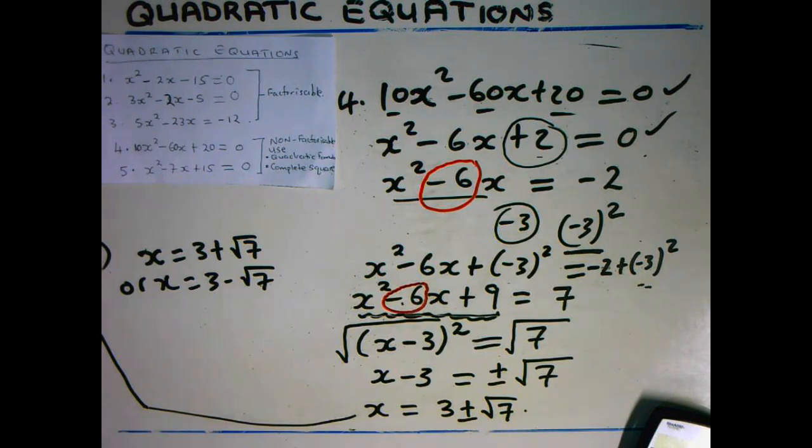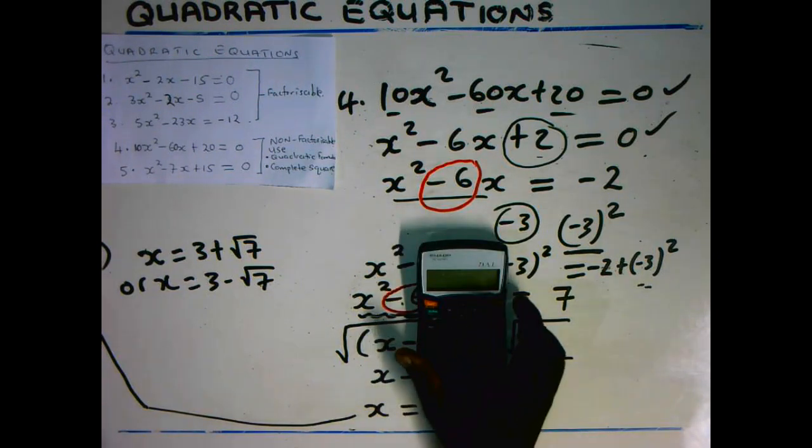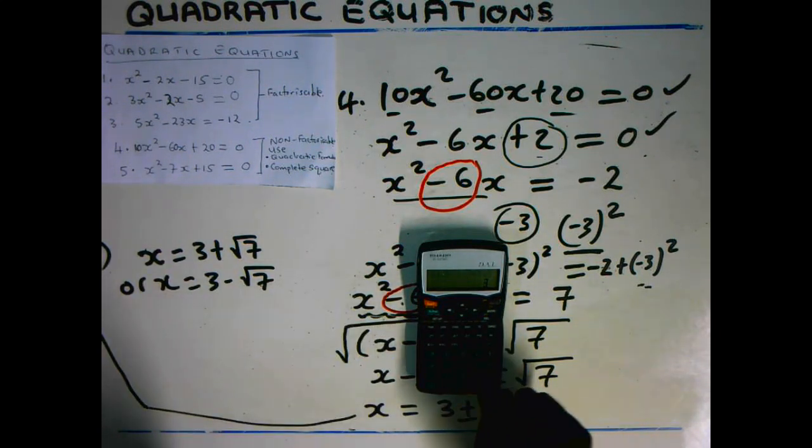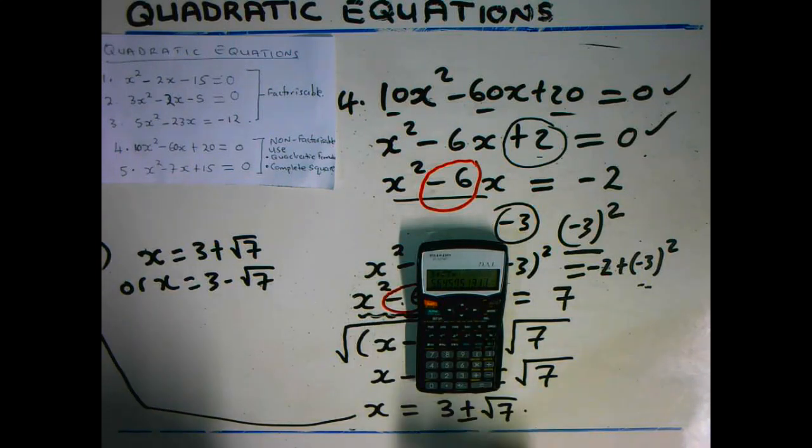If you want, you can actually use your calculator to get the decimal values. That will be 3 plus square root of 7.